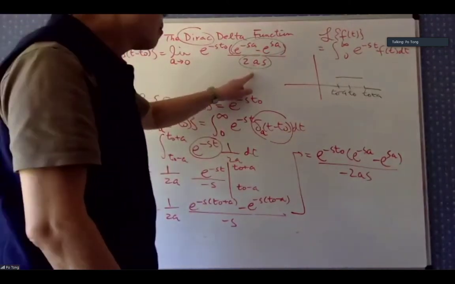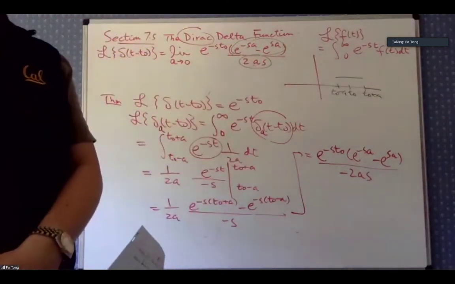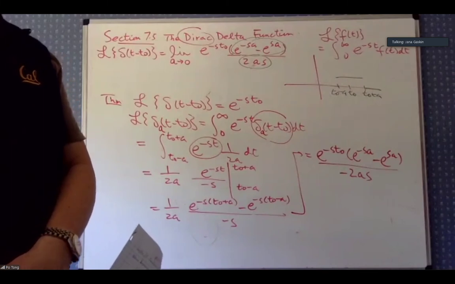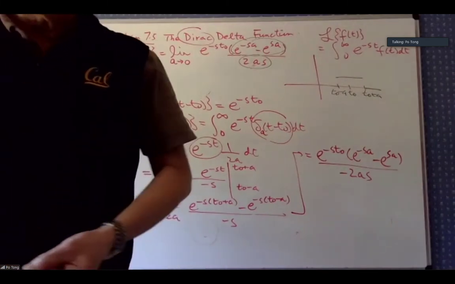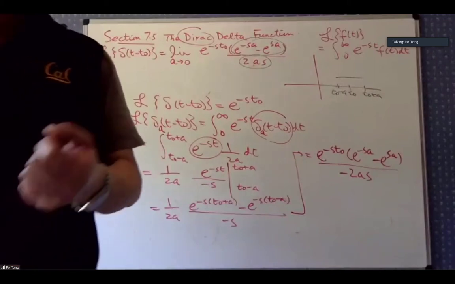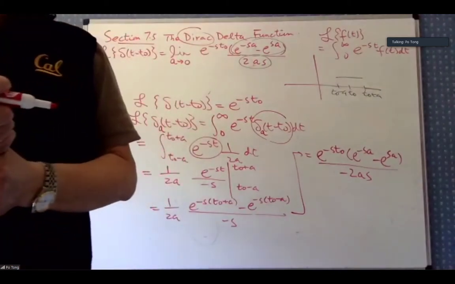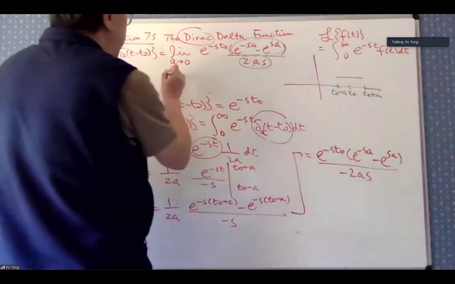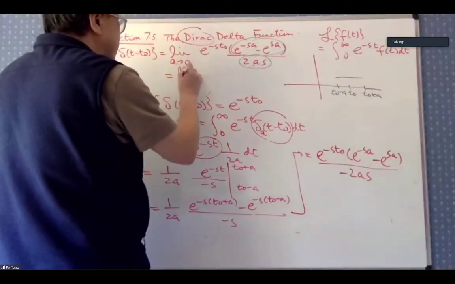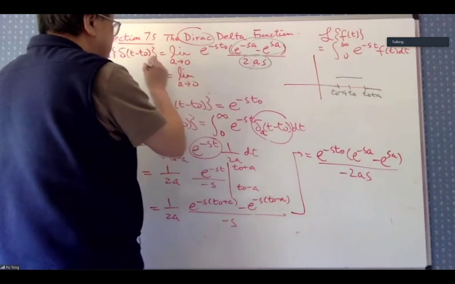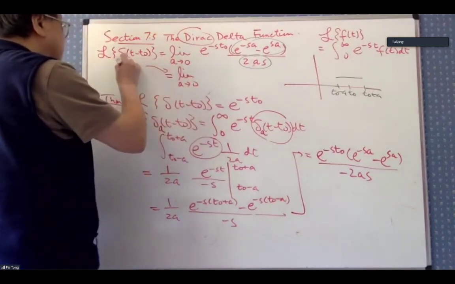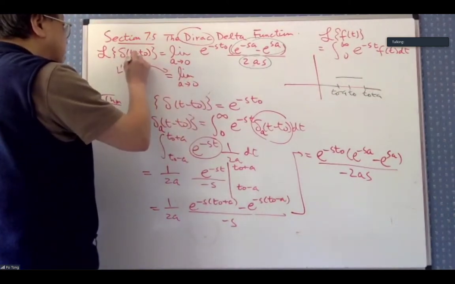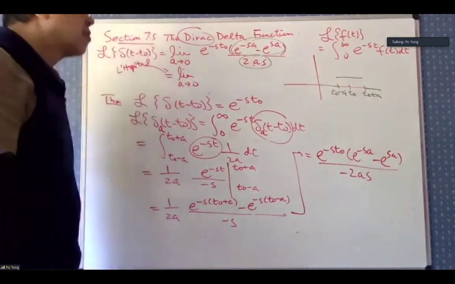The bottom is also 0. So when you take the limit, you have 0 over 0. What do we use? We use L'Hopital's rule.